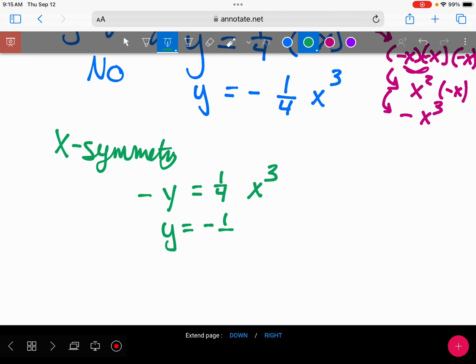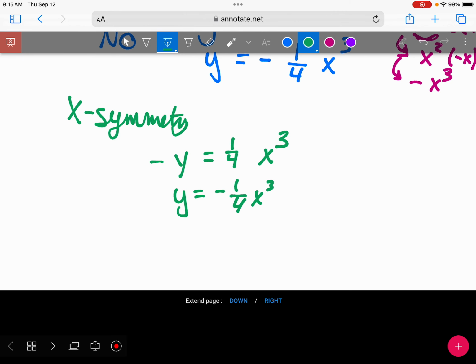So we have our negative 1/4 x cubed. If you said it, say it louder, because all I heard was... Remember, I'm old. So does this exactly match our original equation? Nah. So this does not have x symmetry either.